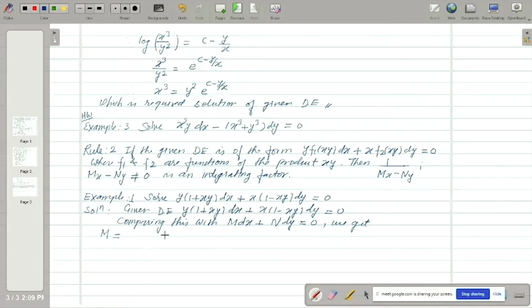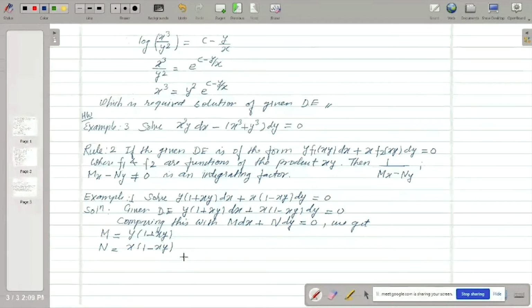M is the first part, y(1 + xy), and N is x(1 - xy). Okay. Now our job is to find the integrating factor.